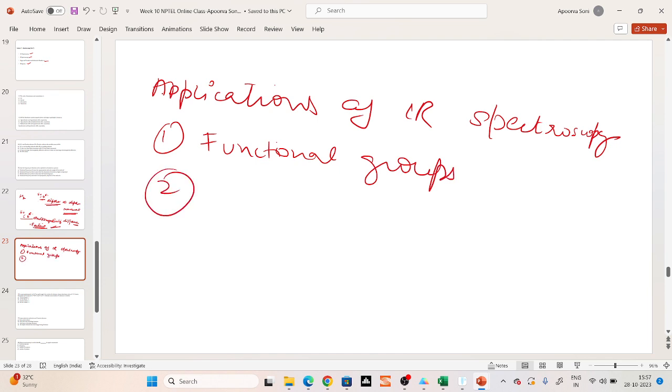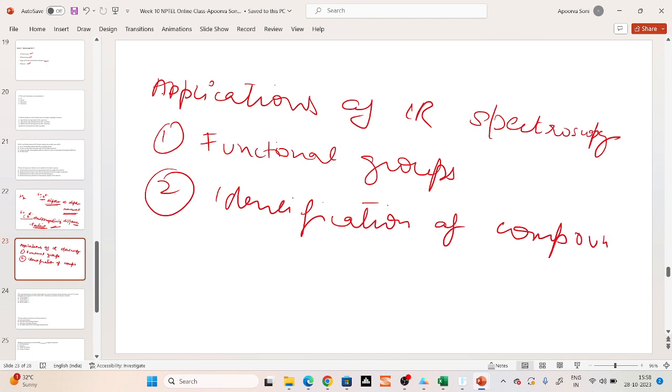Second is identification of compounds. So how is it possible?